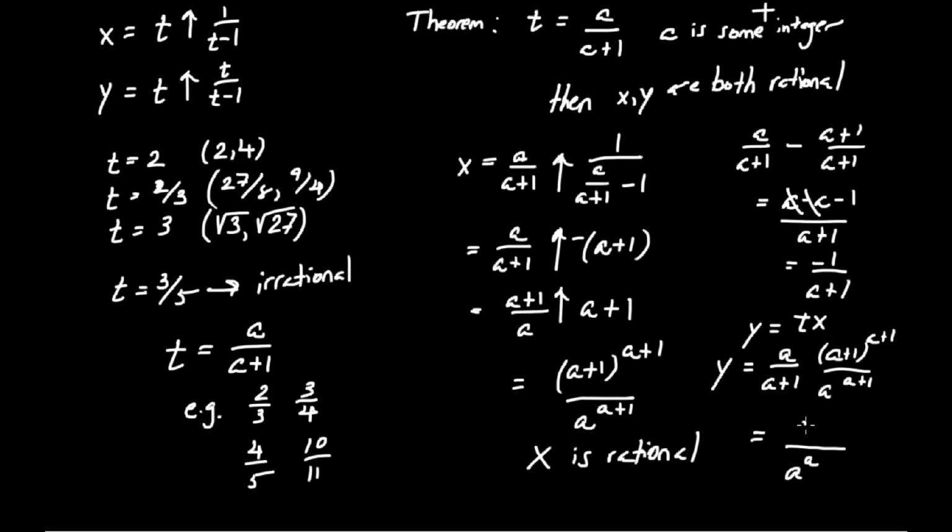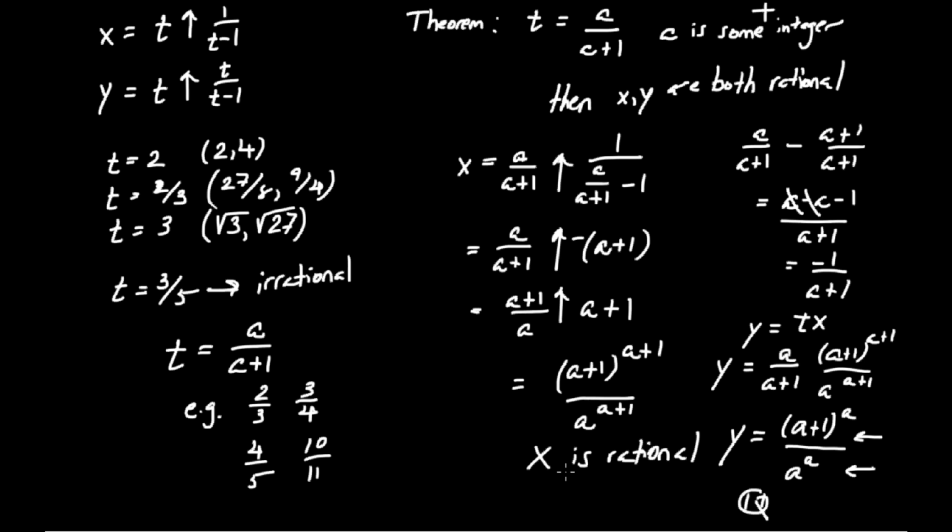So only one of those a plus 1s is going to disappear. So we get a plus 1 to the a power up there. And this is equal to y. And you can see here, a plus 1 and a are both integers, so we get integers raised to the integer power. So we're guaranteed that both numerator and denominator are integers. So these are both rational numbers.